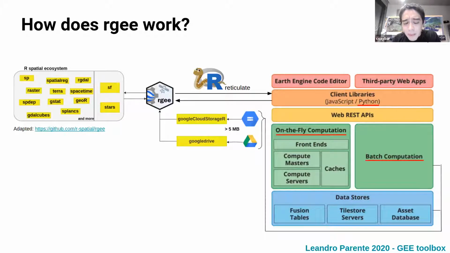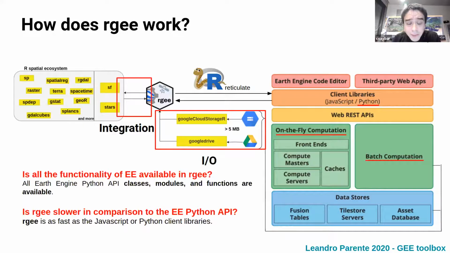So maybe you are asking yourself why rgee took such a long time to develop. The answer to this question is that we worked several months to better integrate the server objects, the server class modules that Google Earth Engine offers us, with the R spatial ecosystem.